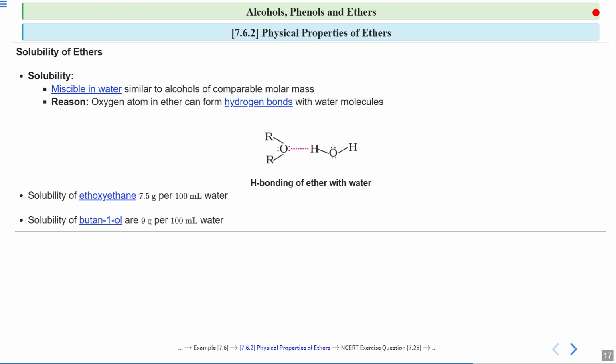That is why the solubility of alcohol is a little bit more, that is 9 gram per 100 ml. Both ethoxyethane and this alcohol have the same non-polar part, and they differ a little because of their different bonding with water molecules. Overall, ethers are miscible in water.